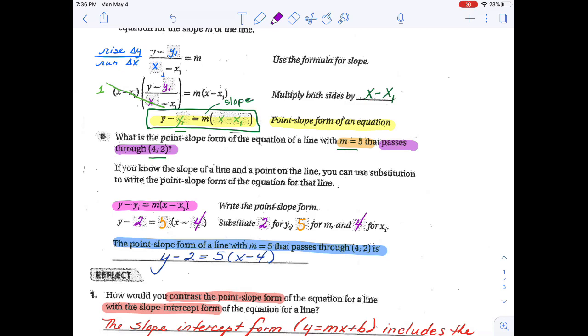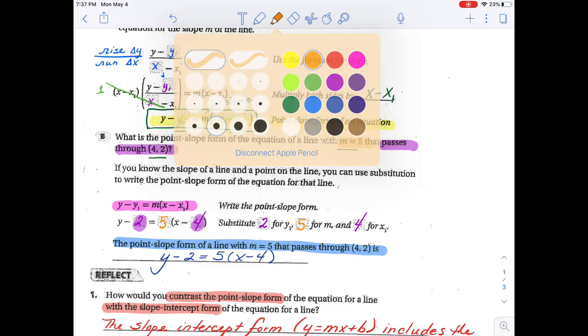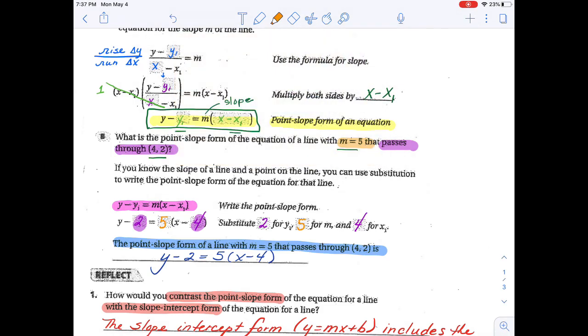That (4, 2), x is my 4, I'm putting that right here. That y was 2, that goes for my y1. And of course, my slope, I said was 5, that's where that 5 is coming into play. So my actual formula for the line is y minus 2 equals 5 times x minus 4.